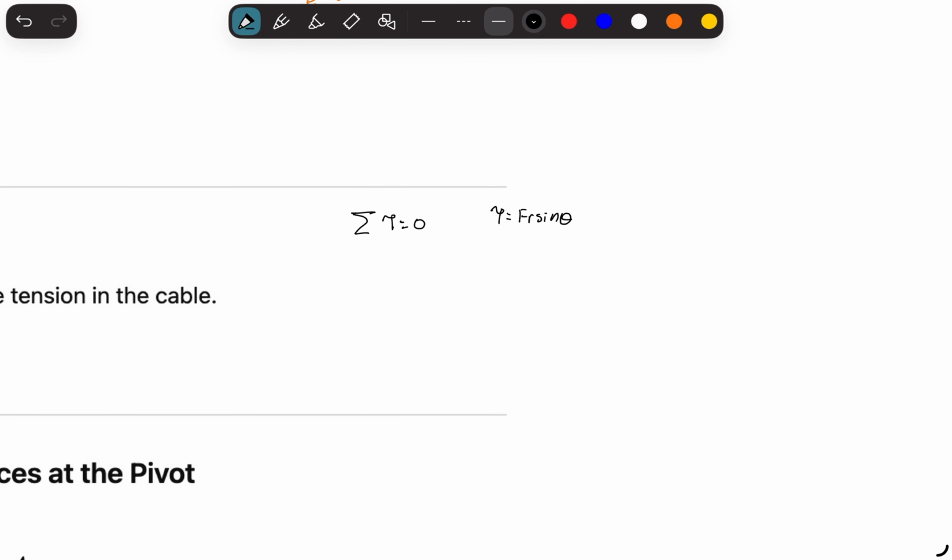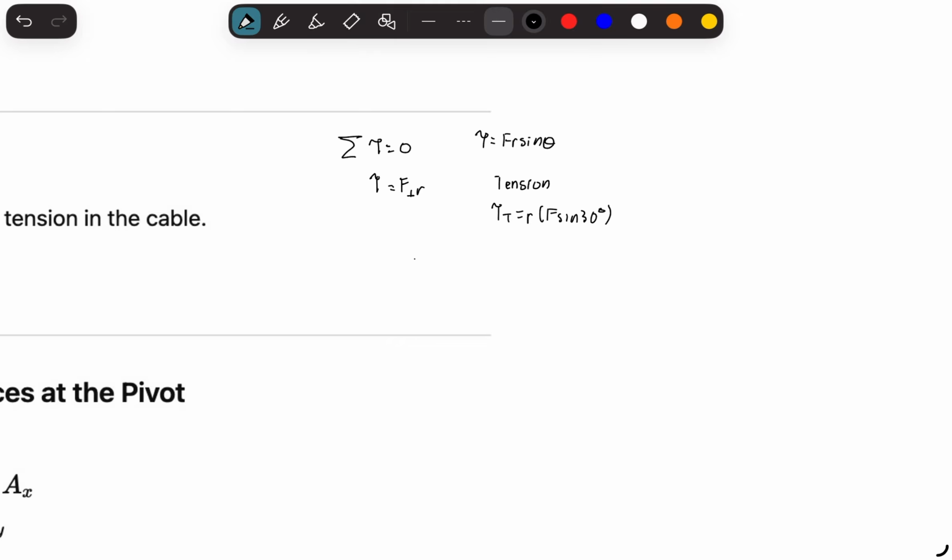We know that all forces except for our tension are vertical, so torque is equal to FR. For tension, the torque is R F sine 30 degrees. Now we can make our setup. Rotational equilibrium means that the torque counterclockwise is equal to the torque clockwise.